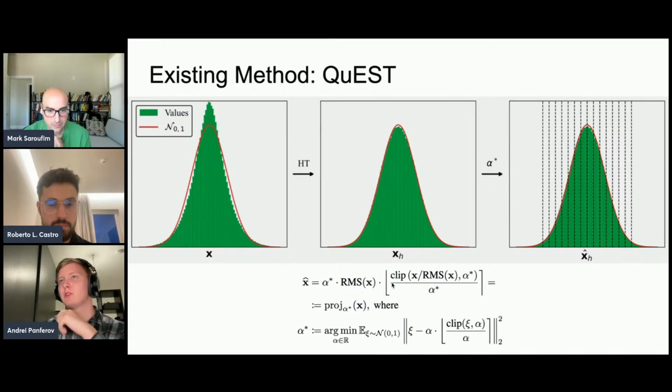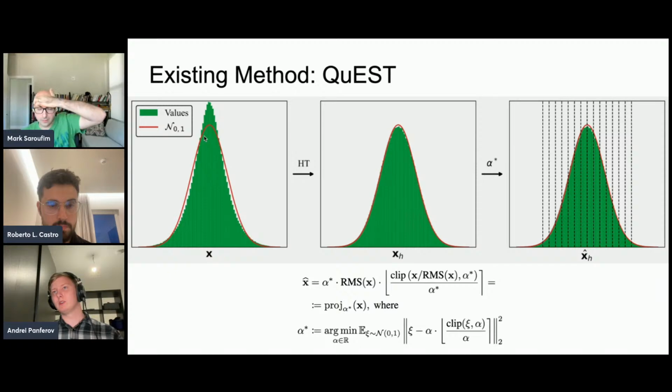So it's standard deviation based scaling that optimizes the quadratic error. And this is also an answer to the question about the Hadamard transform, because the Hadamard transform acts as a normalizer on your distribution. So the Hadamard transform makes your distribution Gaussian, and the rounding is chosen so as to minimize the quadratic error over this distribution. So this is the basic idea of Quest.